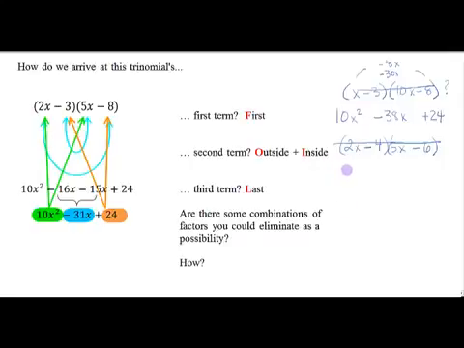I could also put a 2x minus 8 and a 5x minus 3. My first term would be the same, my last term would be the same, but again, I have a greatest common factor in one of my factors, so this is not a possibility. There are lots of ways that you can eliminate possibilities when you're looking at greatest common factor.